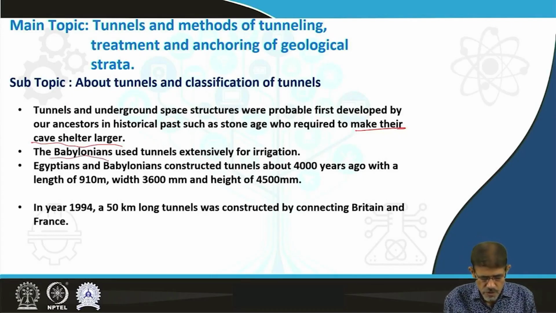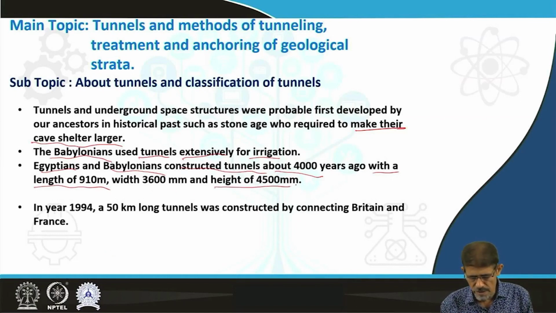The Babylonians used tunnels extensively for irrigation. Egyptians and Babylonians constructed tunnels about 4,000 years back with a length of 9-10 meters, width of 36 mm and height of 4,500 mm.